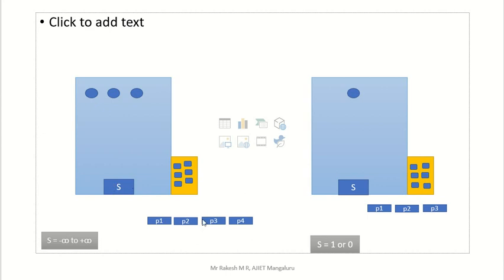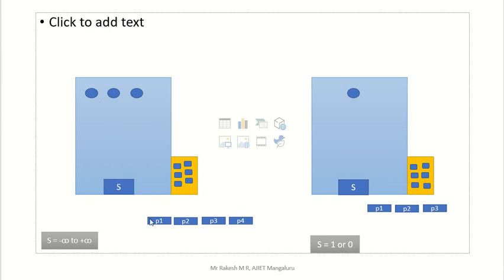Now we have 4 processes, that means 4 persons; you can consider person or process. Person 1 will enter inside this cutting shop. Initially, what is the value here? 3, because 3 chairs are there.